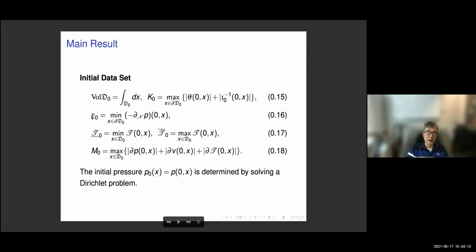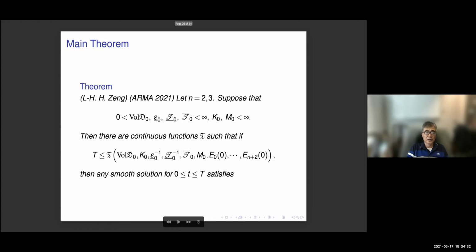And this epsilon 0 is for the Taylor-Sign condition. We also assume the initial temperature has a positive lower bound and an upper bound. And we assume the first derivatives of pressure, velocity, and temperature are bounded, denoted by M0. So in that case, here is our main result.